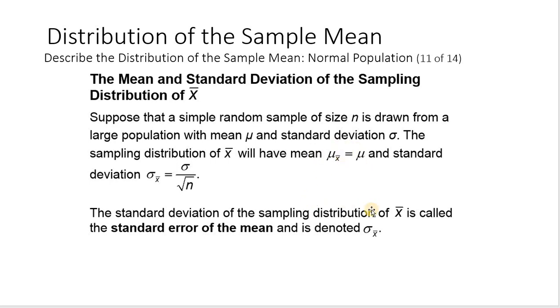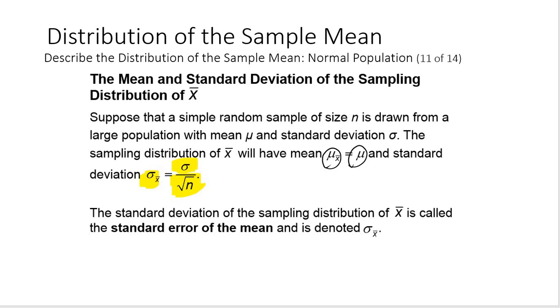So we noticed from our observation that the mean of the sample mean is equal to the population mean. And we noticed that the standard deviation of the sample means is less than the population standard deviation. Specifically, it is the population standard deviation divided by the square root of the sample size.